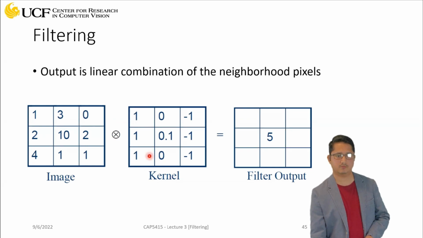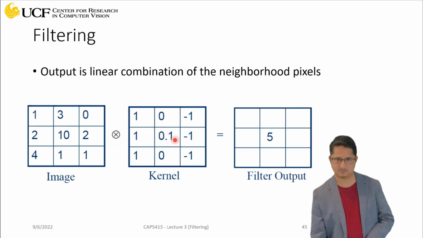So these are all 1s, right? If you sum up all these values, 4, 5, 6, and 7, that gives you 7. And 10 times 0.1 is going to give you 1. So that becomes 8.